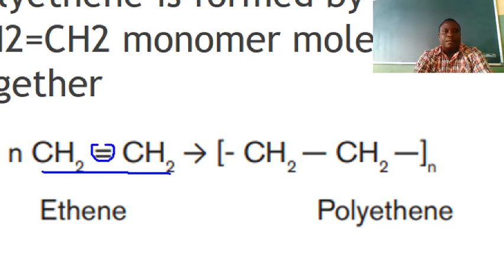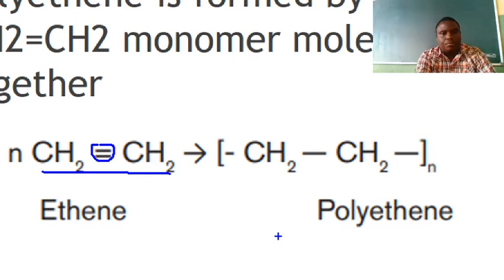This double bond is going to be broken and opened on both sides, as it does here. This repeating pattern allows the covalent bond on both sides. You can add from here, or you can add from here. As you can see, the double bonds open on both sides, and then you continue to make a chain of polyethylene.